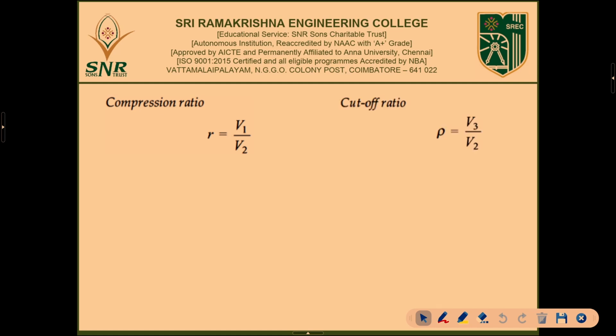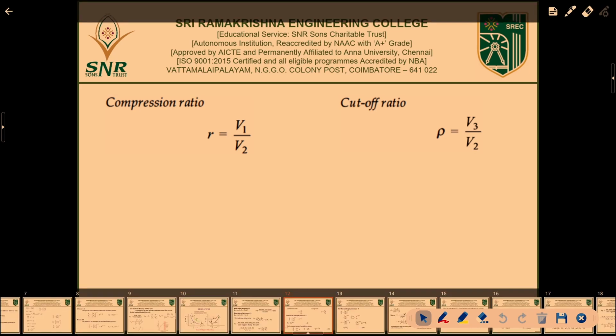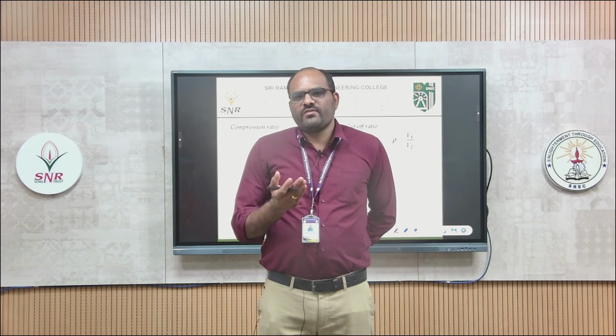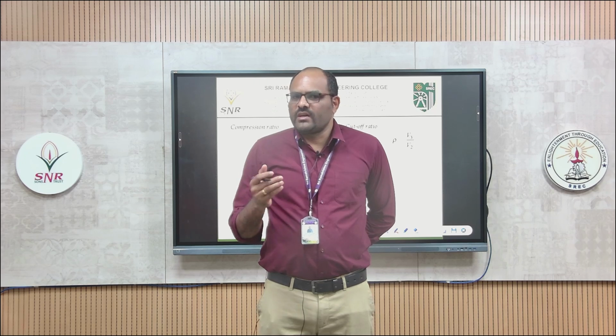The cutoff ratio, denoted as rho, is V3 by V2. V3 is the volume after the heat is added, and V2 is the clearance volume.